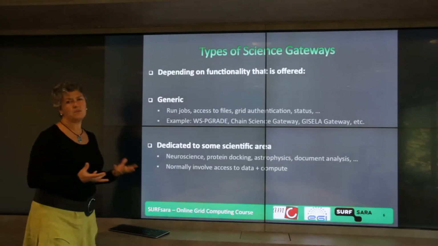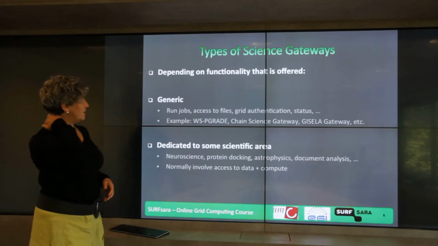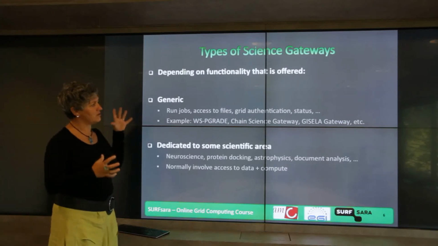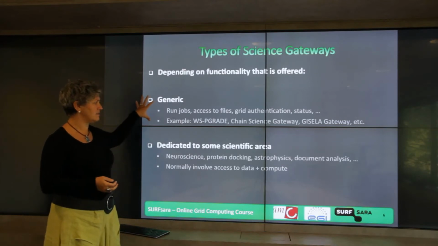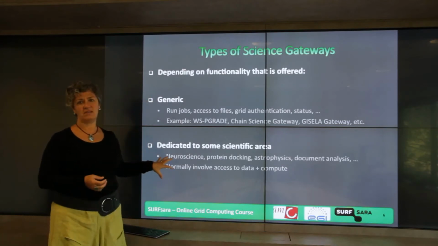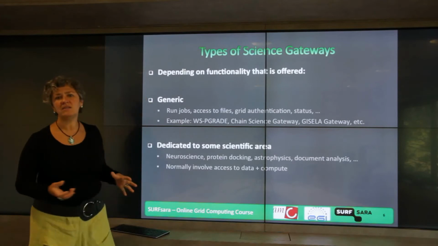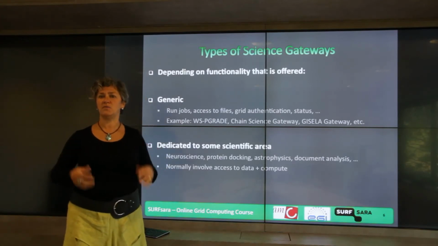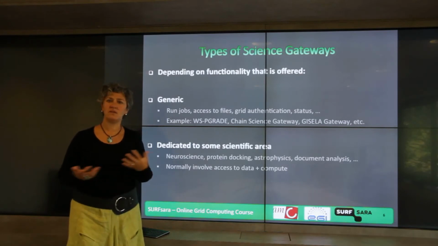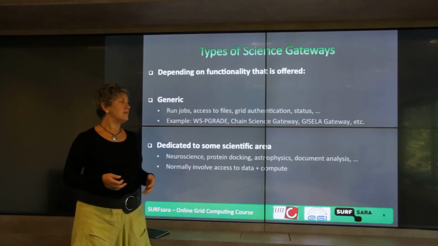There are different types of Science Gateways. Depending on the functionality that they offer, they can be seen as generic Science Gateways or dedicated to some scientific area. Generic means a web interface or a portal that allows people to submit jobs, for example. That's a generic one because you can do any type of science in it.